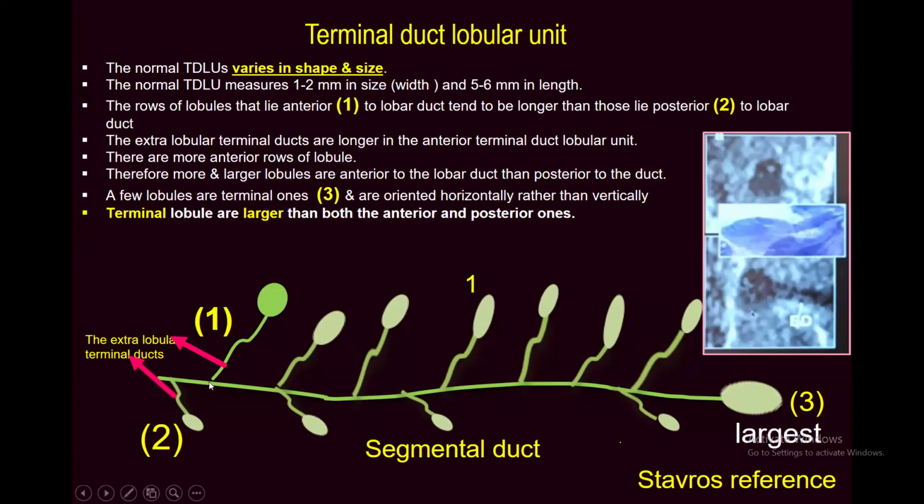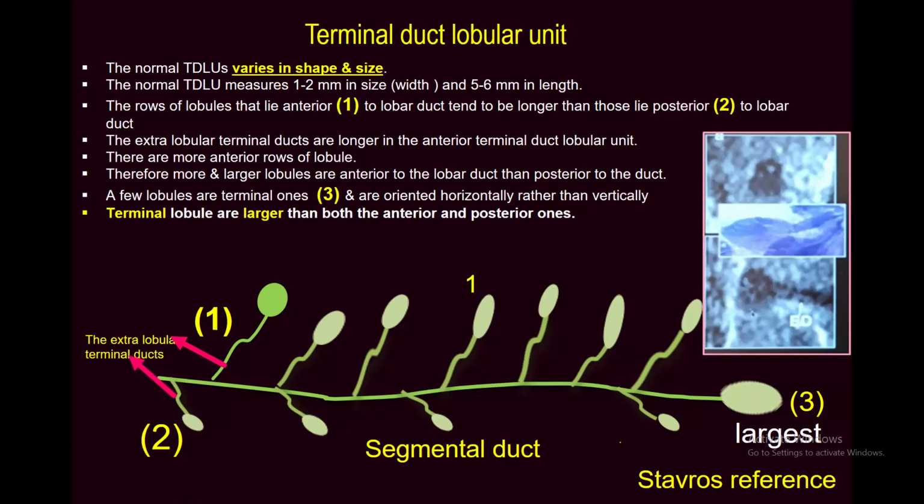This is a segmental duct. Here we can see the segmental duct. And these represent lobules. If you look at this row, this is a segmental duct parallel to the skin. These are anterior, and these are posterior.